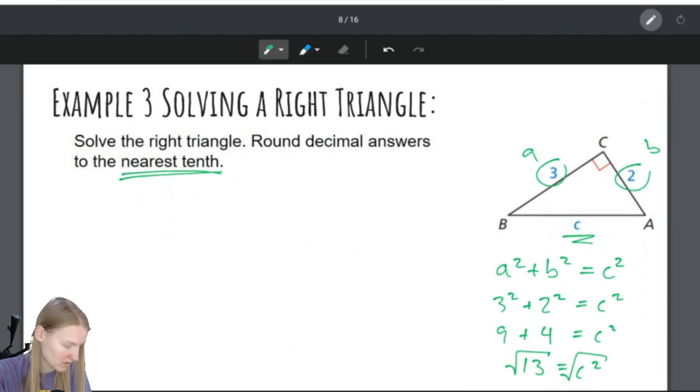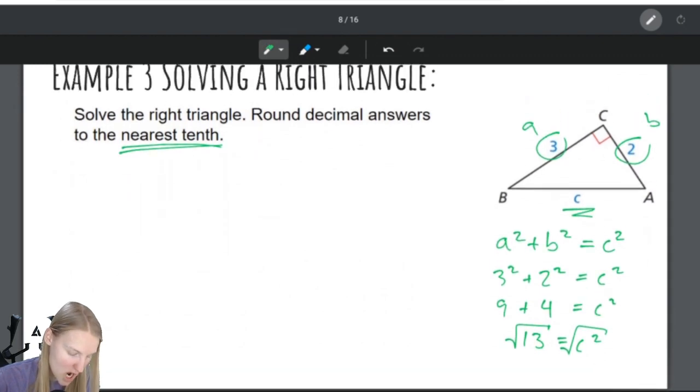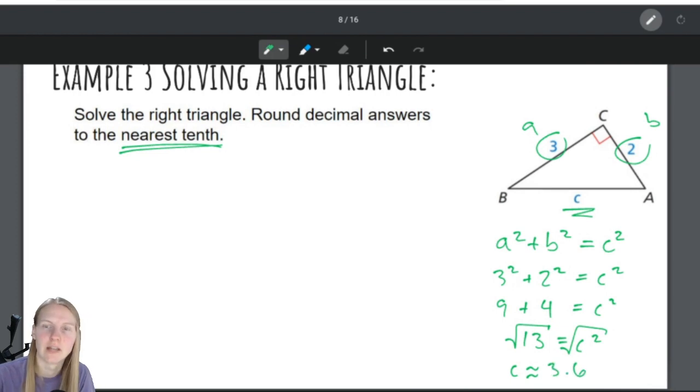Square root of 13 is some decimal, so c... Ah, we ran out of space! Oh wait, no we didn't! So c is approximately 3.6. And that's what we'll use.